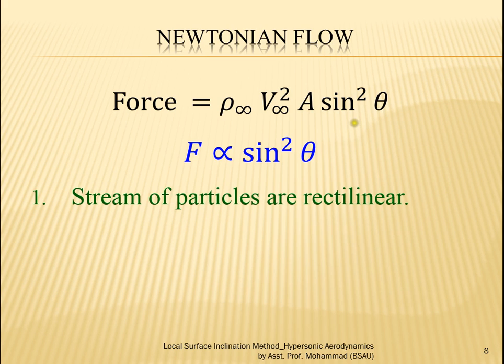Now in deriving and analyzing this whole episode, Newton believed in three assumptions. The first assumption is that the stream of particles is rectilinear. He believed all this flow is going in a linear manner and attacking linearly.